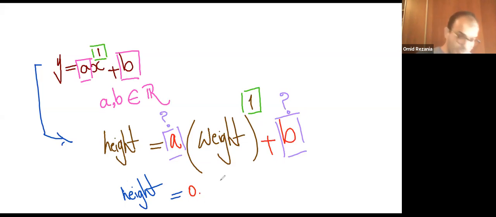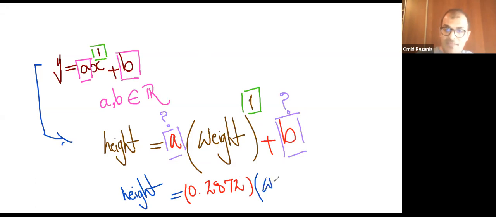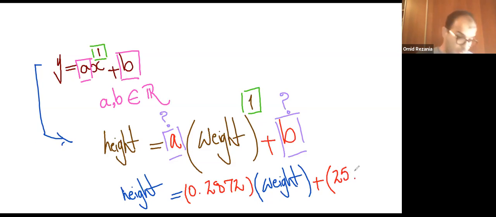It was 0.2872 times the weight plus B. What is the B? How much did I get from my code in R? It was 25.72, correct?